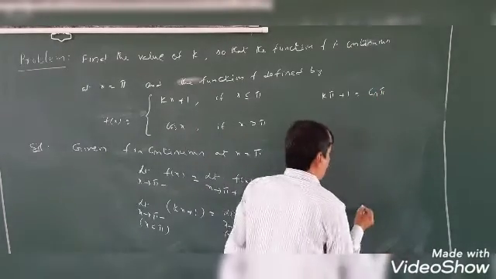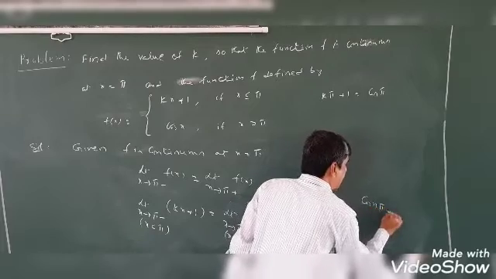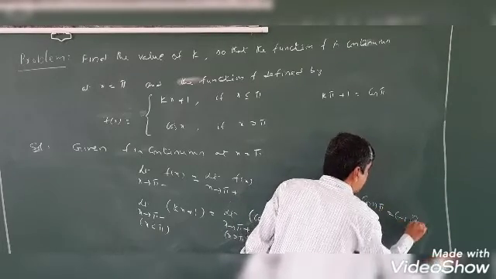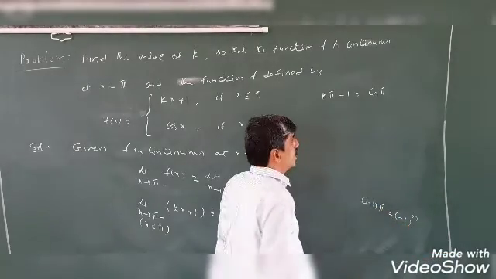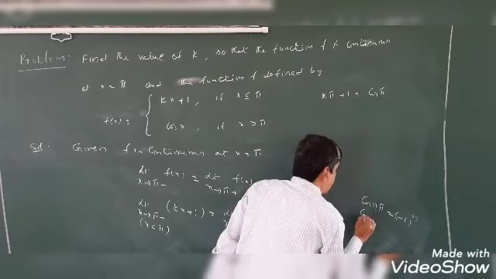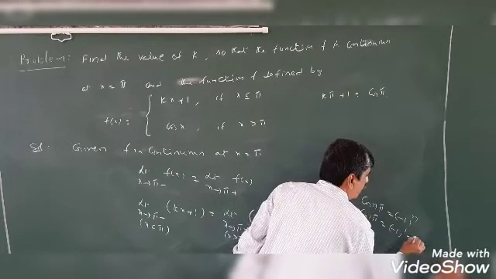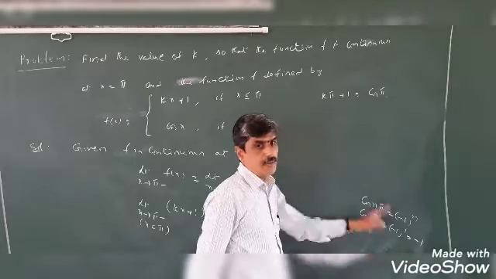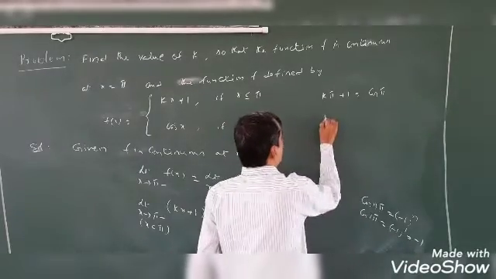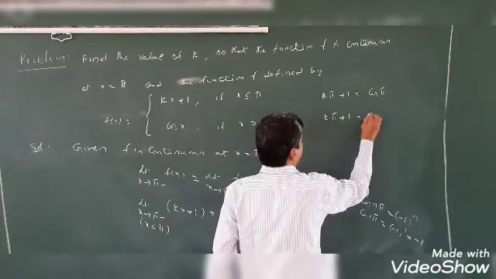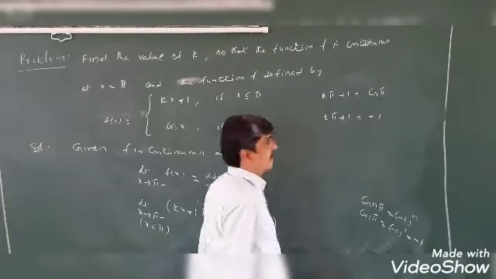We know that cos n pi is equal to minus 1 whole power n. So here cos 1 pi is equal to minus 1 whole power 1. So this value is equal to minus 1. So k pi plus 1 is equal to minus 1.